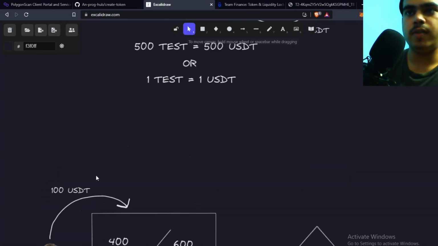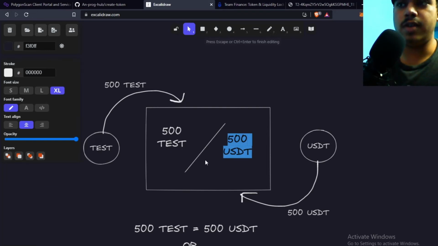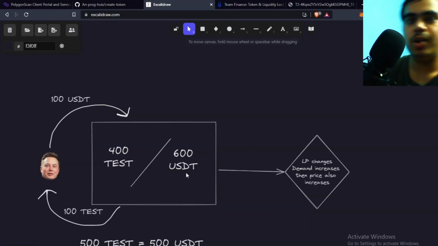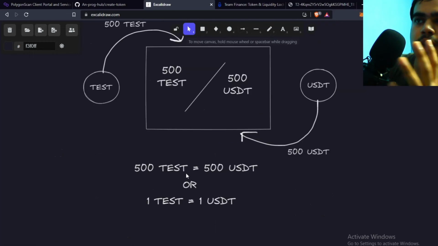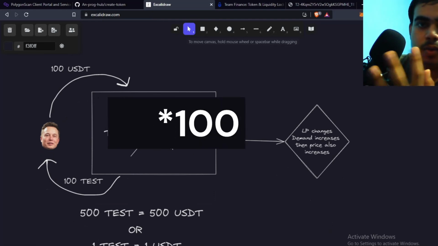For reference in this video, I just made a very small sketch wherein I took 500 USDT, very few dollars. But in real life, tokens in the market have a humongous amount of liquidity pools spread all over the place. You will see a lot of times people get scammed. In this case, the liquidity pool increased by a profit of 600 USDT, right?